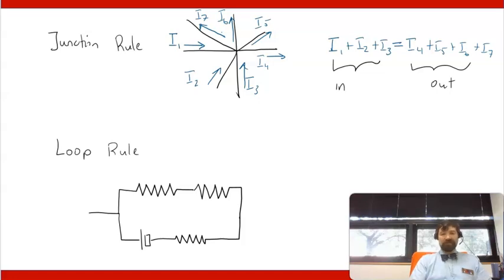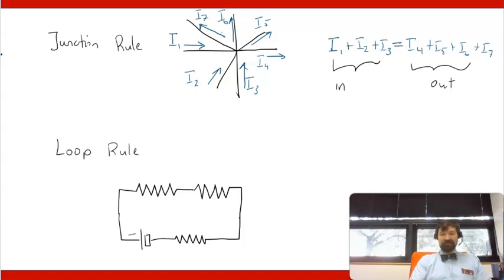I guess I don't really need a thing coming in, but in principle I could have something coming in. So via the junction rule, there are no junctions here, or in other words, if this is a junction, then whatever current comes here also comes here.